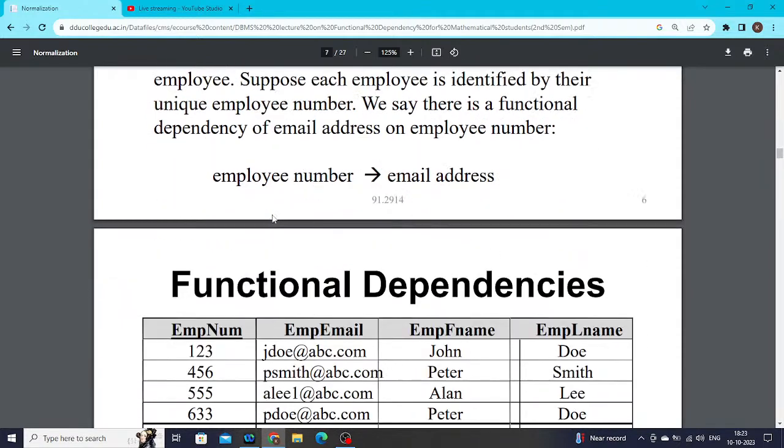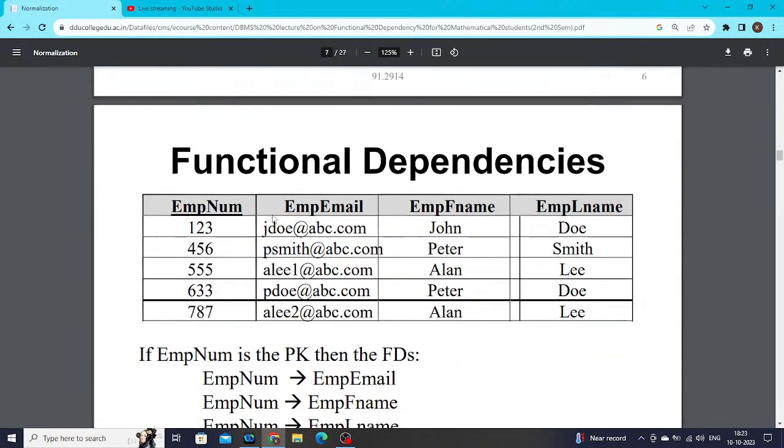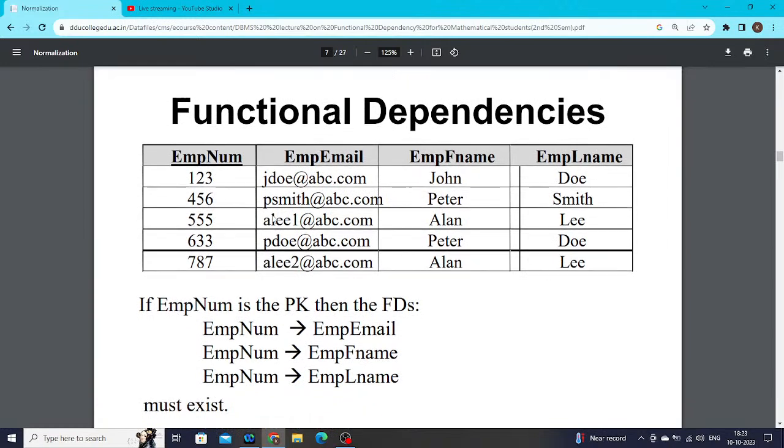Okay, functional dependency is like uniqueness. If employee number is the primary key, PK means primary key here, then the primary ID is fixed. So your primary key is your functional dependency, it is the uniqueness.